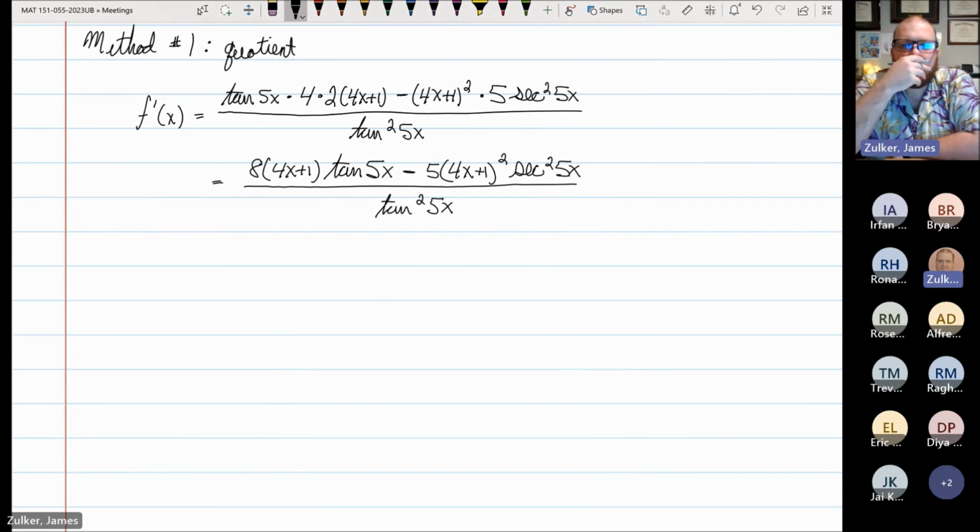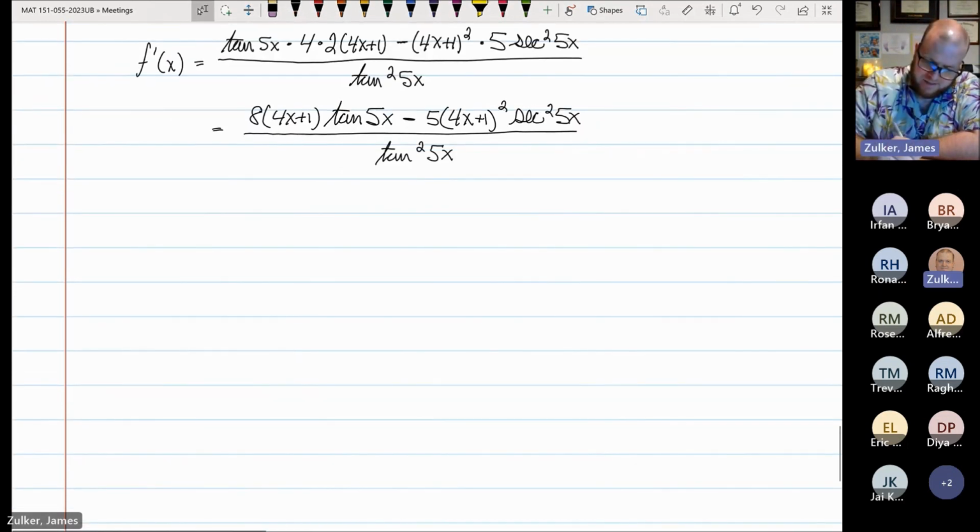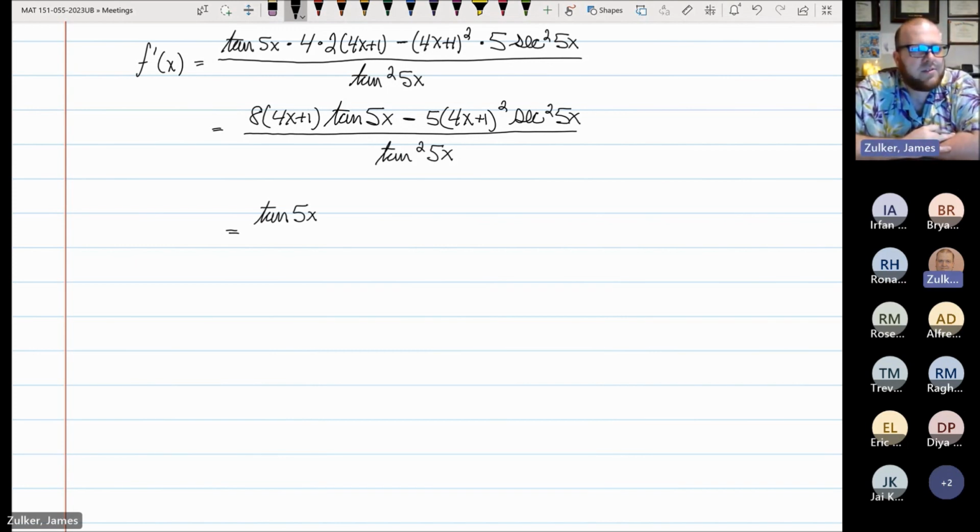Do I want to keep going? Or do I want to just leave it there? I think I will keep going. Factor out a tangent of 5x.